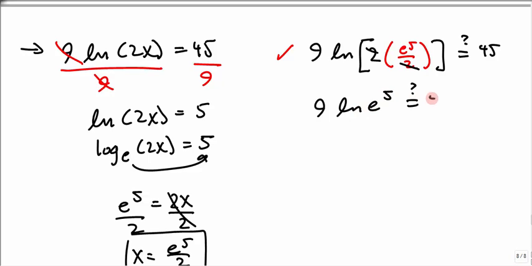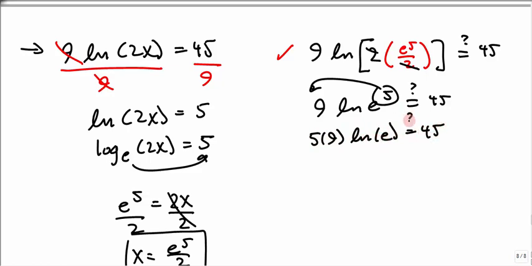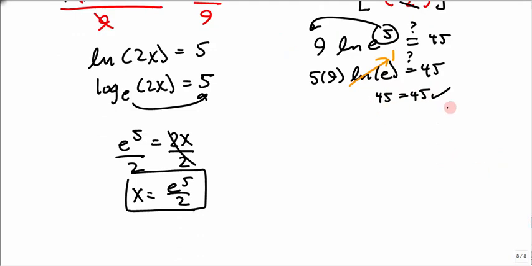Does this equal 45? The 5 pops out front, so I have 5 times 9 ln of e equals 45. Checking to see if that's true. You can plug this directly in your calculator, unless you know that ln of e is 1, then this makes it pretty easy. And I get 45 equals 45, to verify my solution. My solution is e to the 5th over 2.